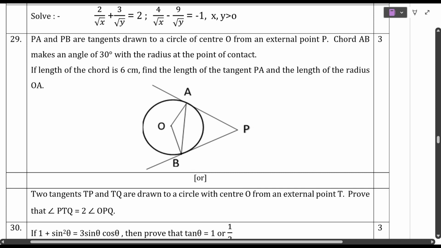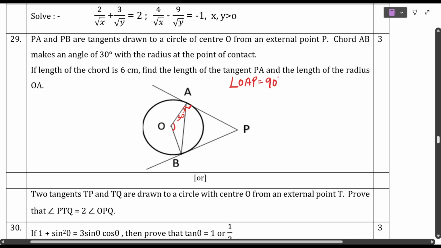Okay. I have given angle OAB, this one, 30 degrees they have given. And angle OAP, total angle OAP is 90 degrees.